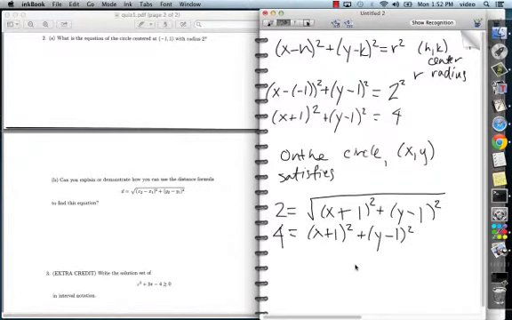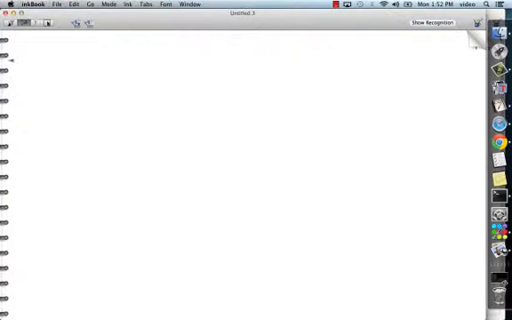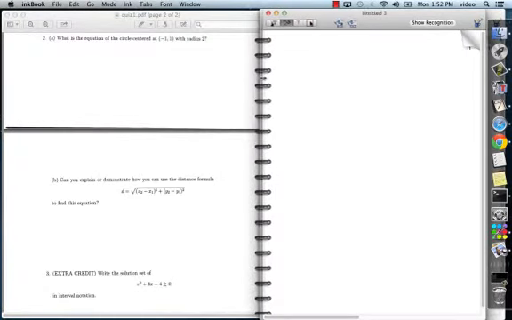Now problem 3 asks us to solve, and this was extra credit, to find the solution set of x^2 + 3x - 4 >= 0.